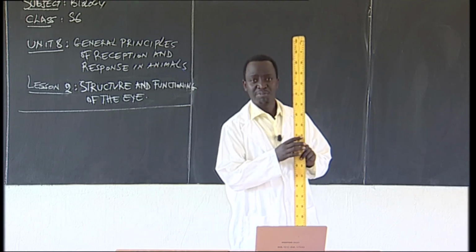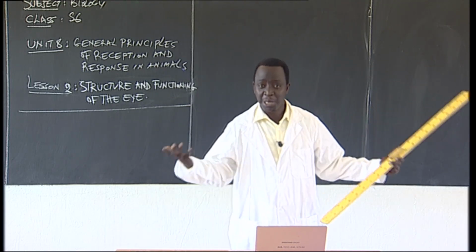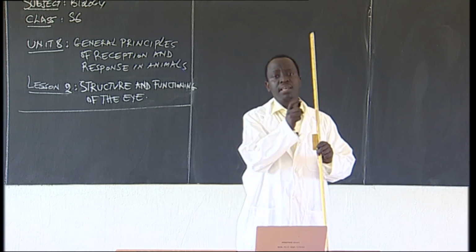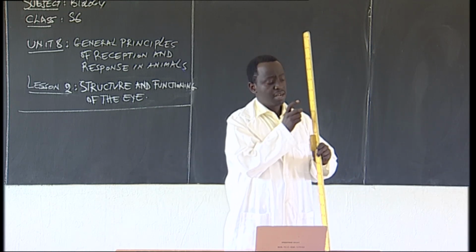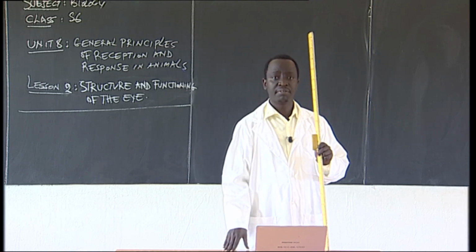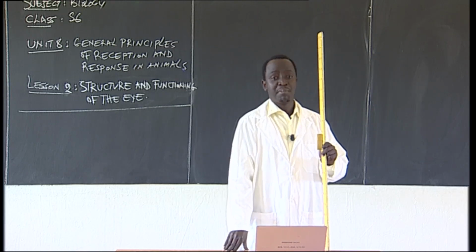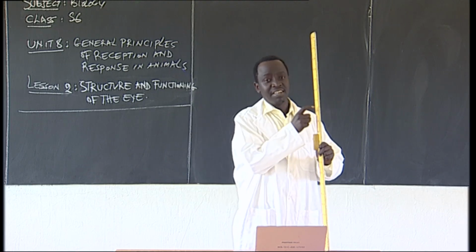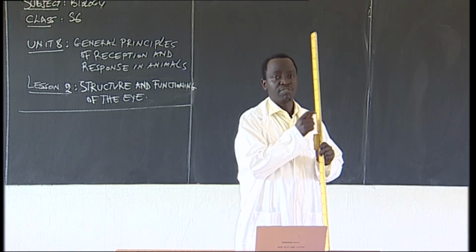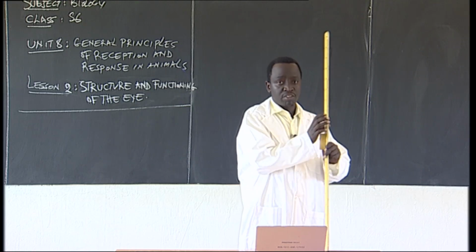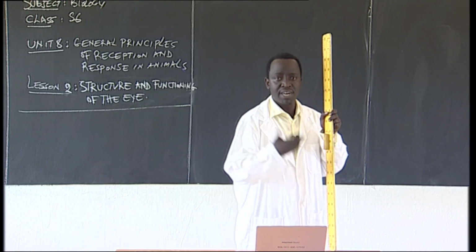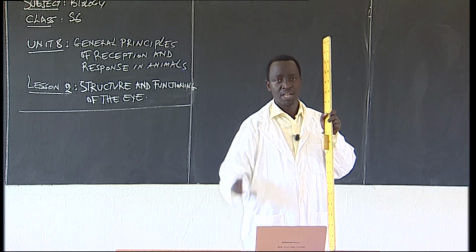For example, it is yellow. How can I know that this is yellow? The light comes and hits here, and then that light gets into my eye. From my eye, there are photoreceptors found on the retina. They are going to receive the light which comes from this object, and that light is converted into nerve impulse. Why nerve impulse?